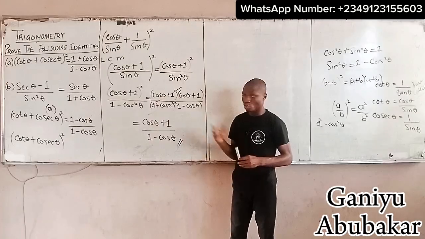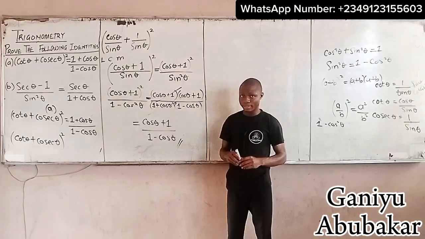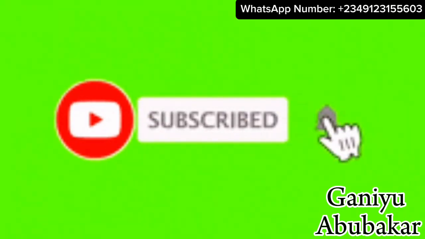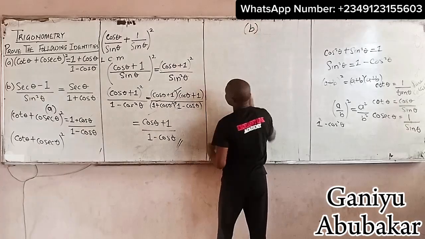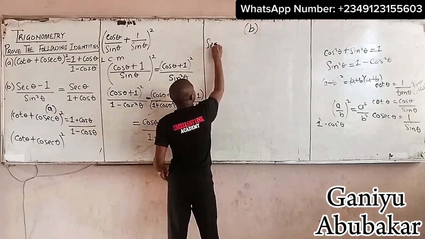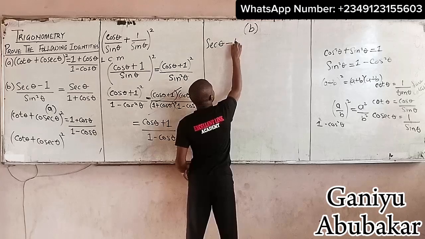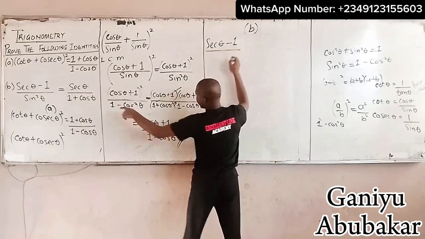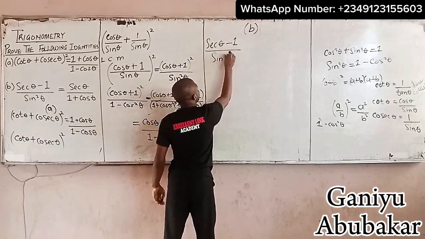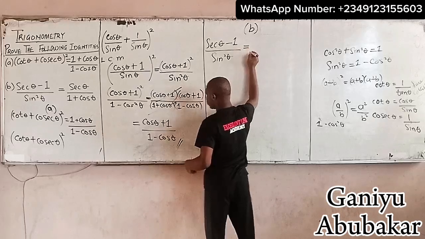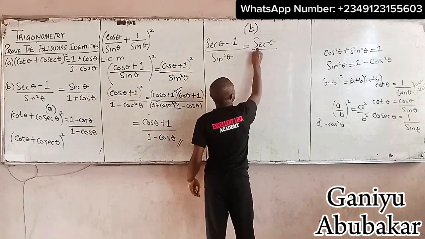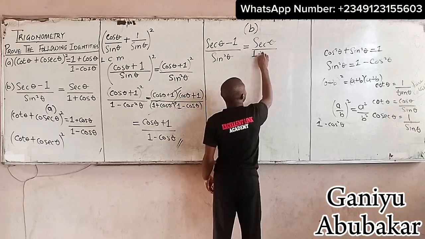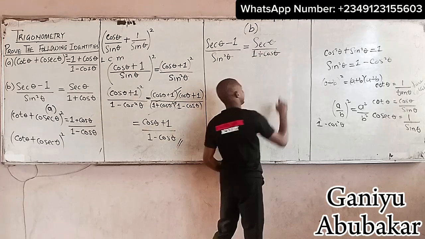Let's do number 2 and let's end this class. For number 2, for B, what do I get? I have sec theta minus 1 all over sine square theta being equal in value to sec theta all over 1 plus cos theta.